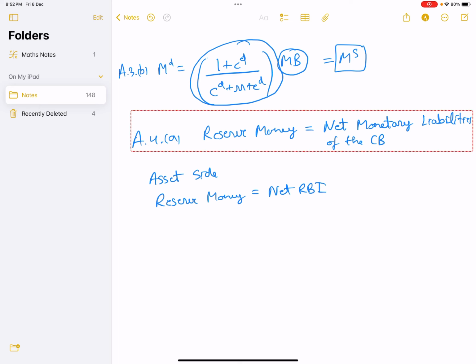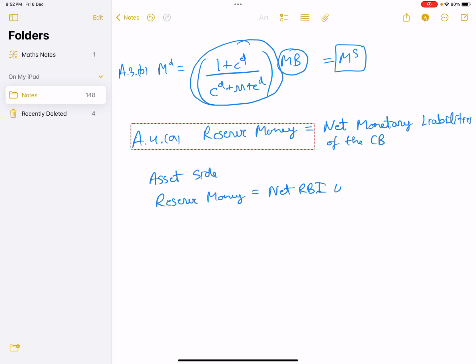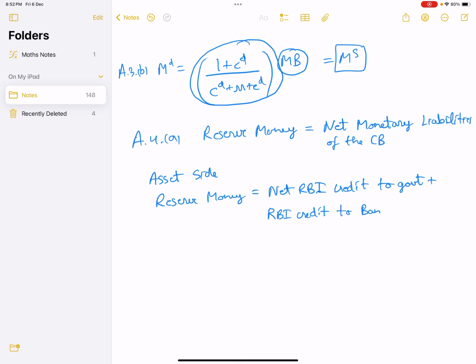So the credit that the RBI has given to the government, this includes both state and central government, then RBI credit to banks, then RBI credit to commercial banks, then net foreign exchange assets of RBI. Then we have currency of government.